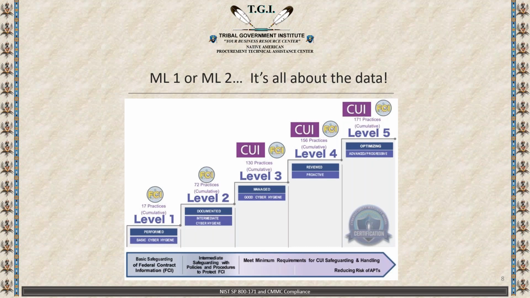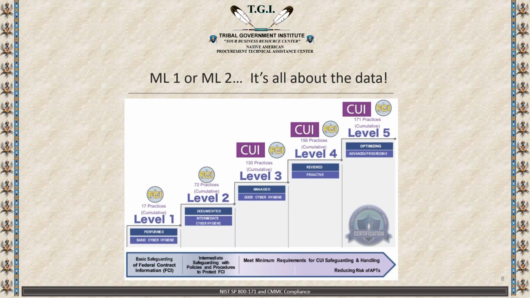So everything we have talked about is part of DFARS 7012. So if you're underneath the DFARS 7012 contract or subcontract, and it's flowed down in your terms and conditions, then you most certainly need to be compliant.